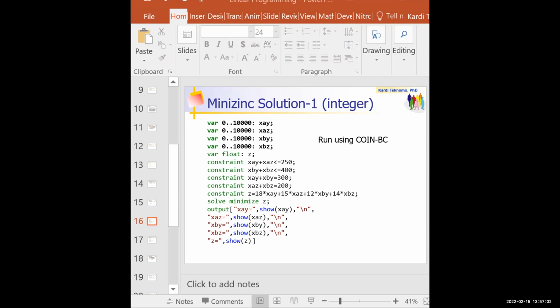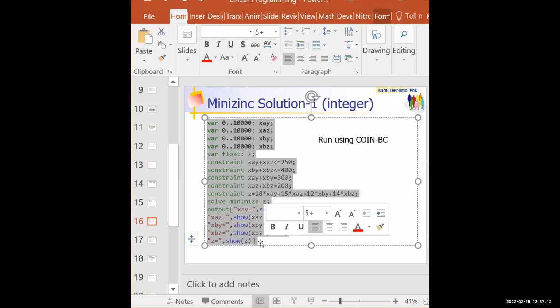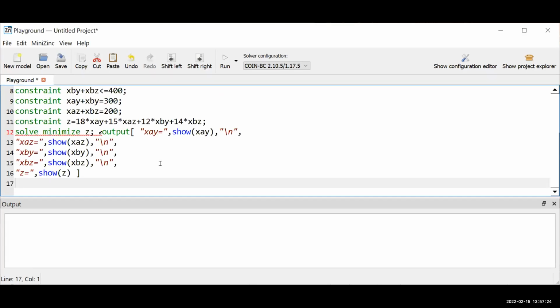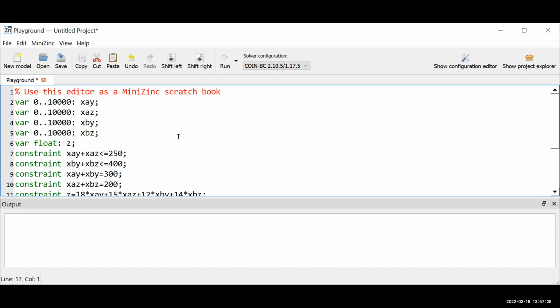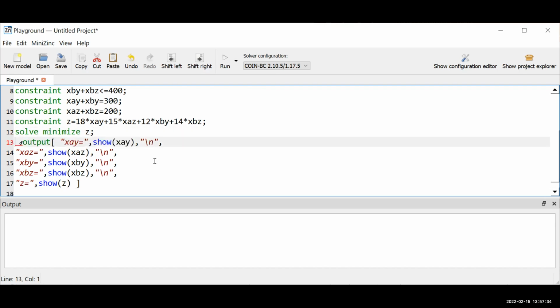If you run this, I will just copy and paste this one and put it in Minizinc. Can you see it? Oh, I think there is a problem here, so I need to output this one.